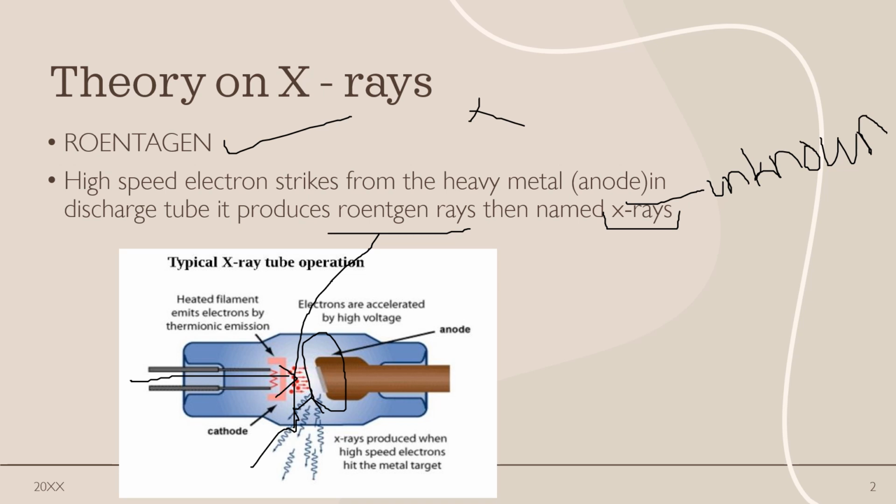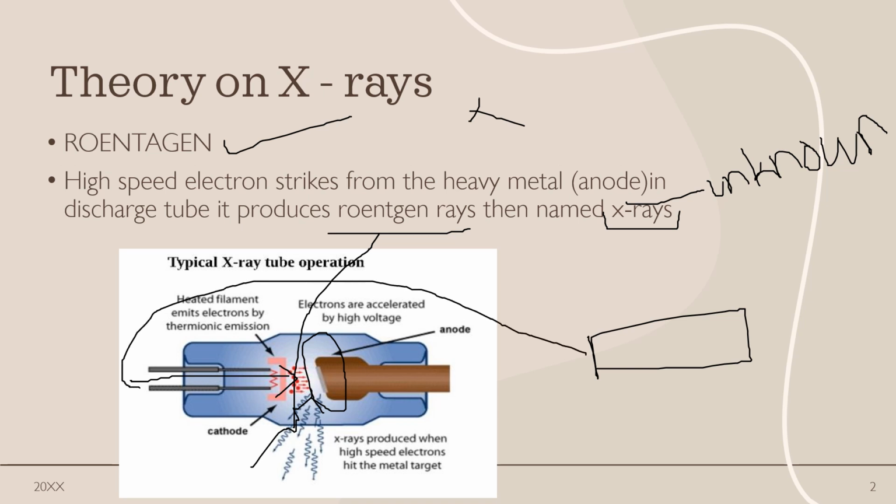So when Roentgen bombarded electrons at 5000 volts on heavy metals like Au, gold, he found the radiation and termed it X-rays.